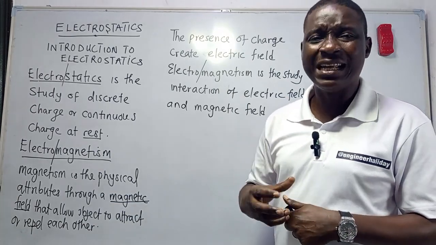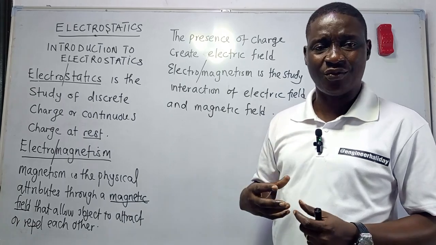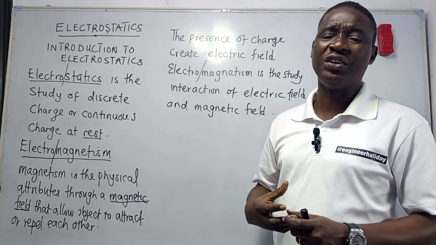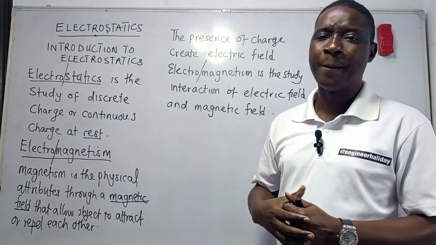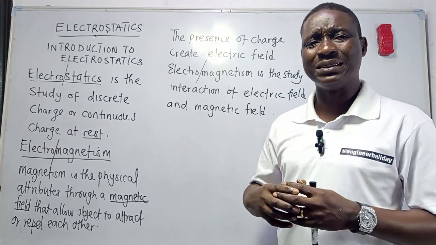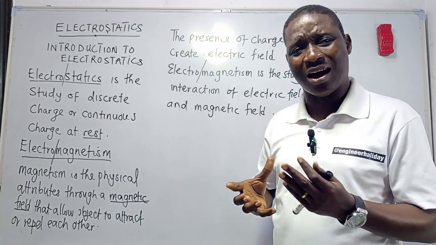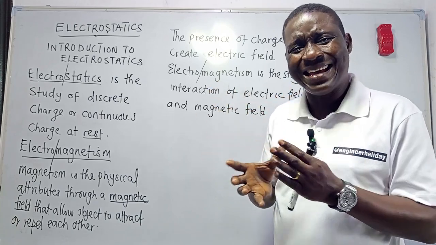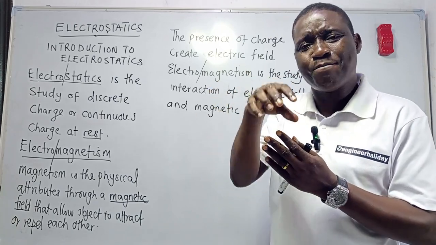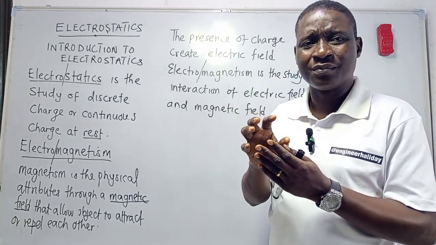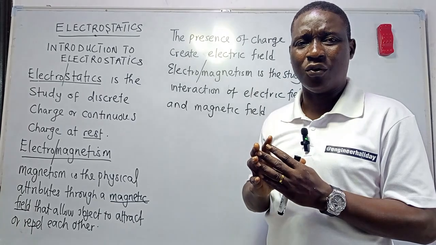Electric field is a region of space where an electric force is being experienced. Magnetic field is a region or area where there is an impact of magnetic force on a magnet.